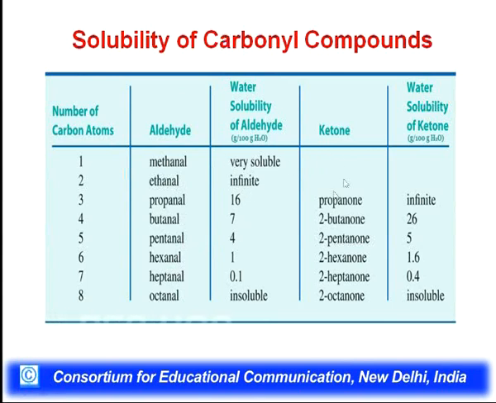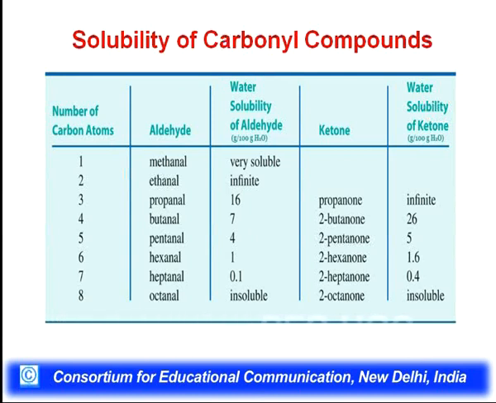Similarly, if we talk of ketones, the smaller ketone is soluble in water in all amounts, whereas this solubility again decreases, and 2-octanone is insoluble in water. So if we talk of the physical properties of aldehydes and ketones, the boiling point is higher than alkanes and lower than alcohols and carboxylic acids.